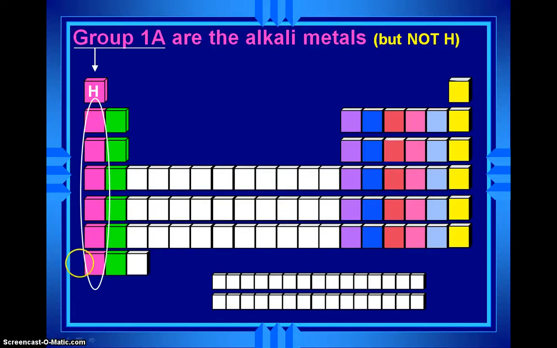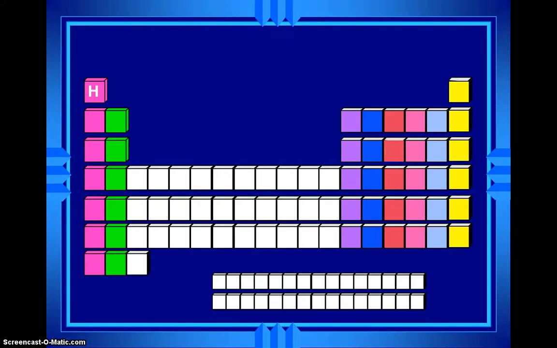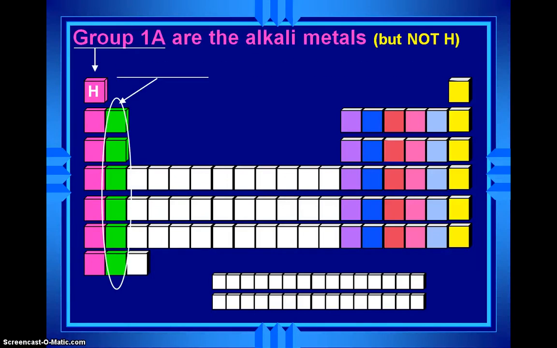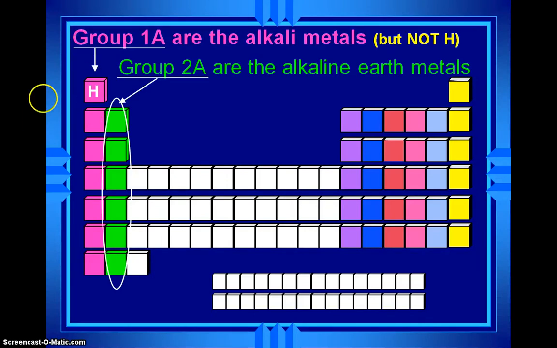We have this pink group here, which is group 1A. These are all the alkali metals. Hydrogen is an exception. Hydrogen is not considered an alkali metal. Then we have group 2A. These are the alkaline earth metals, here in green. And like I said, we have this group that's set aside from the others.